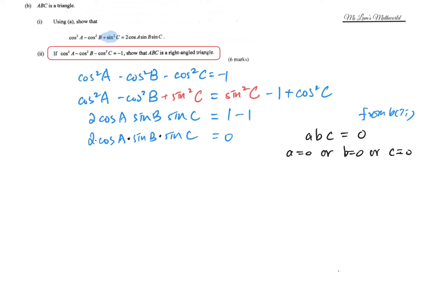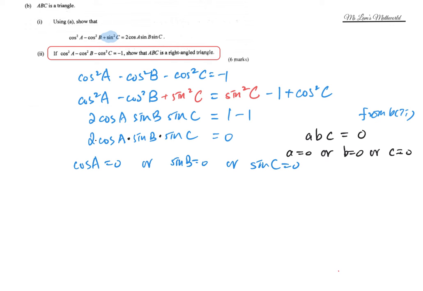So the 2, you can just divide 2 in your mind, right? So just skip that step. You get cosine A equals to 0, or sine B equals to 0, or sine C equals to 0.